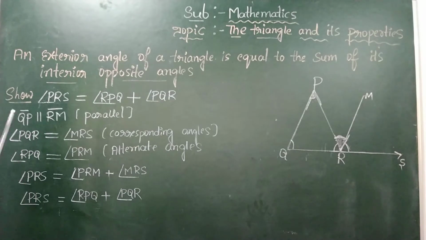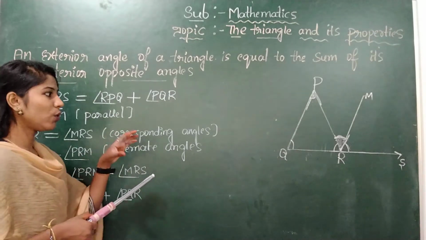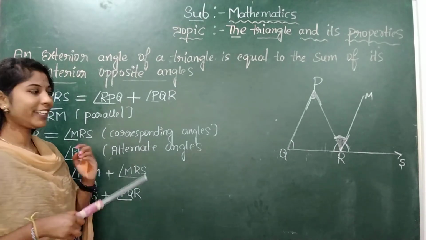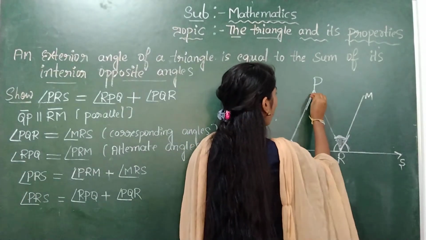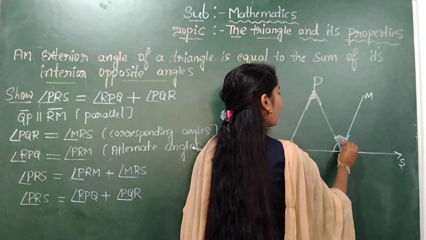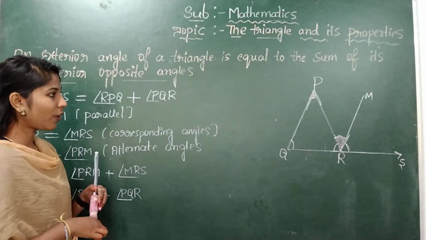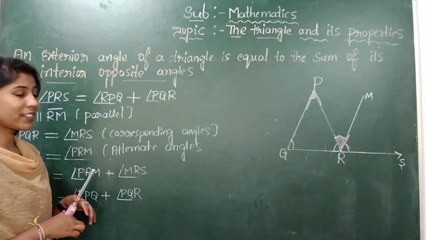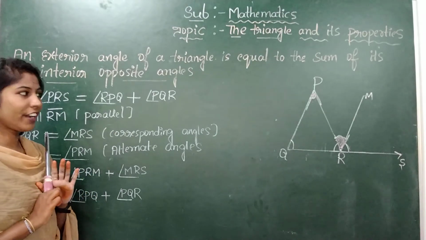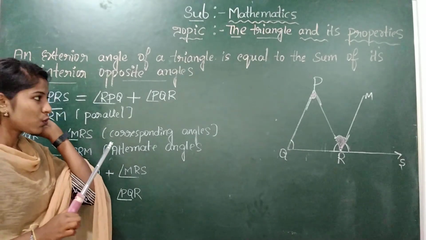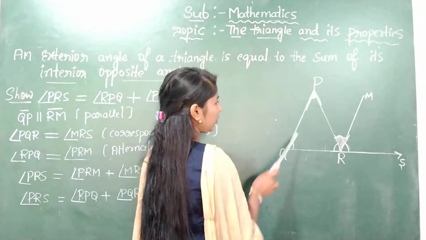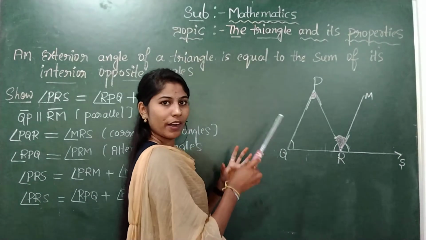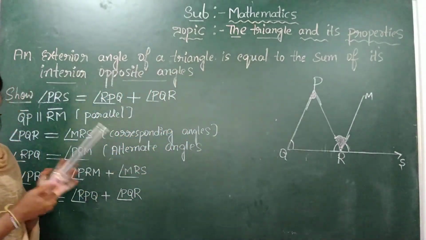Just remember what you have learned. Those two are alternate angles. This angle is alternate to this angle. Alternate angles formed by a transversal with parallel lines are equal. So these two are equal.